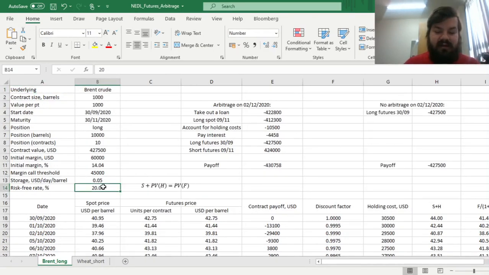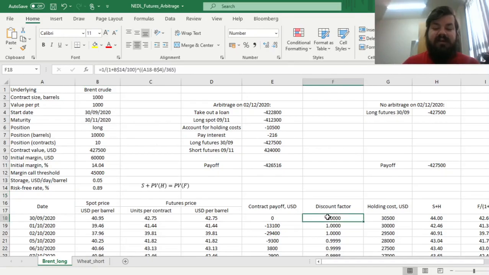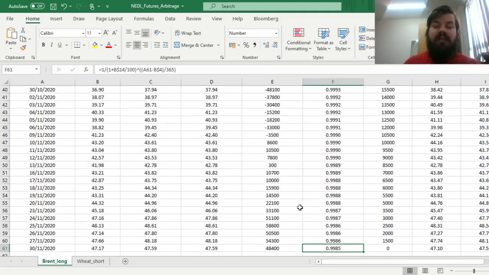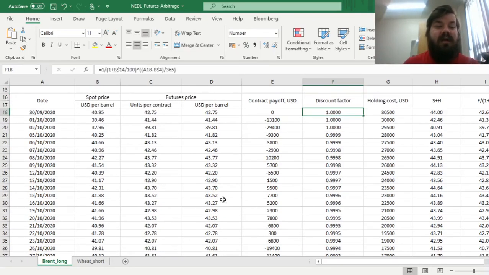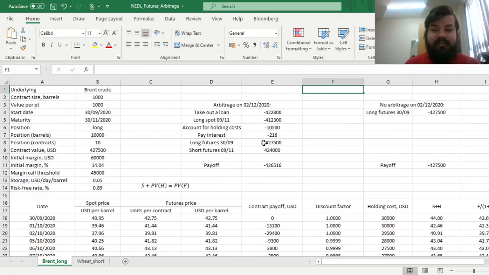But returning back to reality, turning our risk rate into 0.89 again, we can still see how money in the future is less valuable than money in the present, with $0.9985 on 30th of November 2020 being equivalent to $1 on 30th of September 2020.